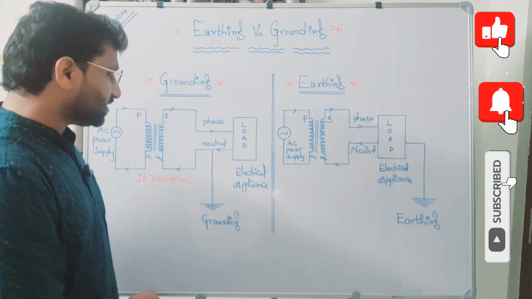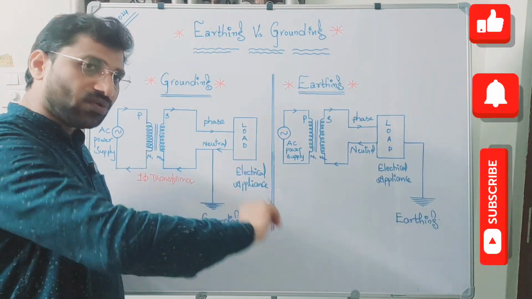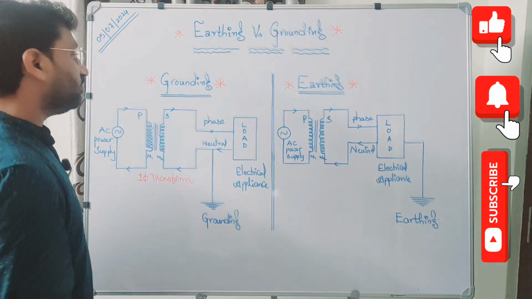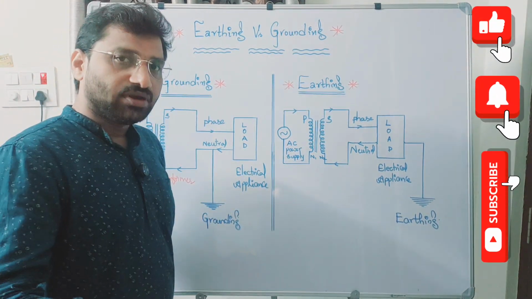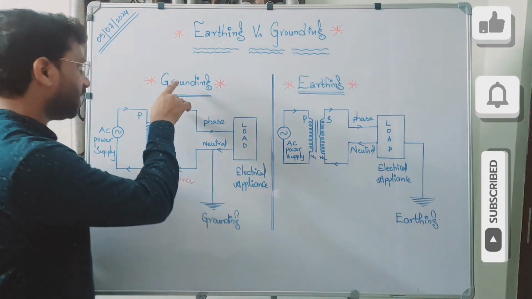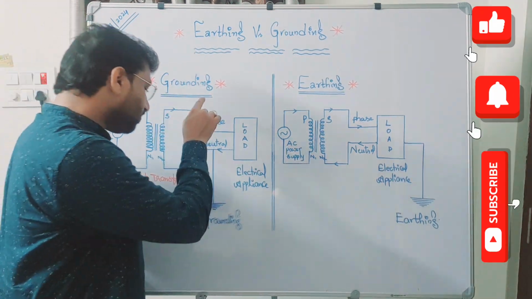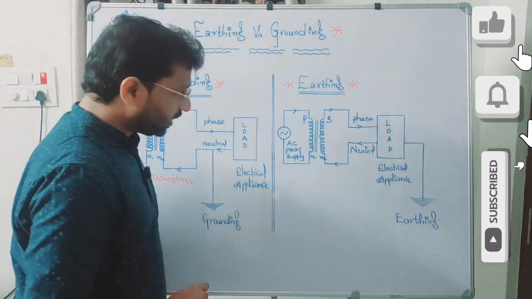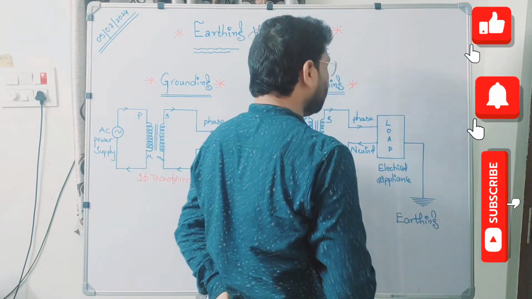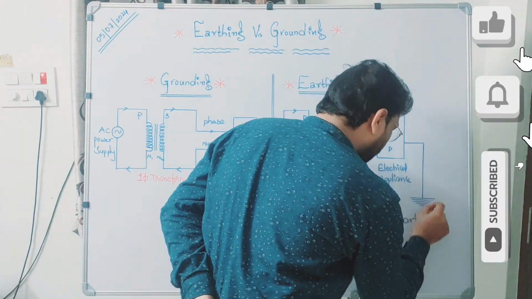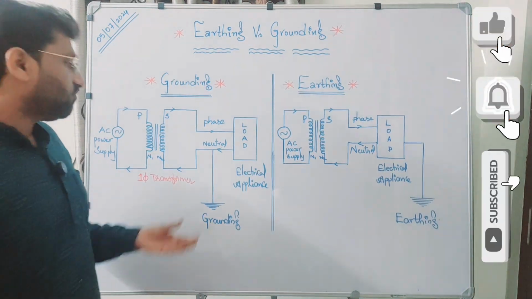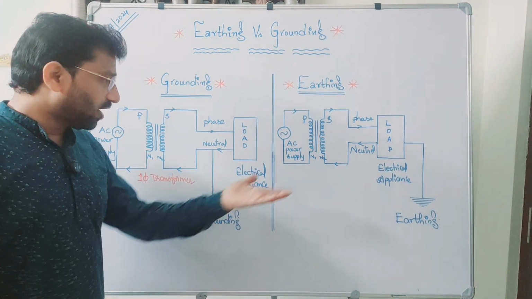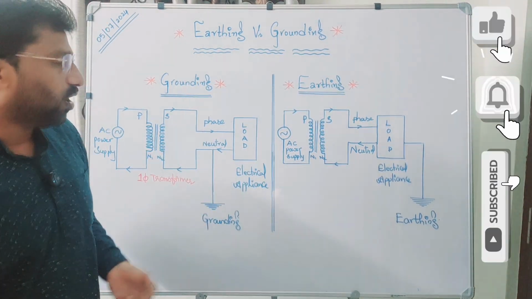In both cases, connecting to the earth or ground is the same, but which part of the system you connect to the ground or earth matters a lot. In grounding, the neutral point is connected to the ground or earth. In earthing, the appliance is connected to the ground or earth. From the point of connection, there is a difference that we can see on the diagrams.